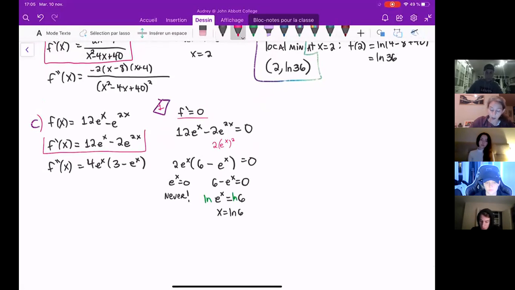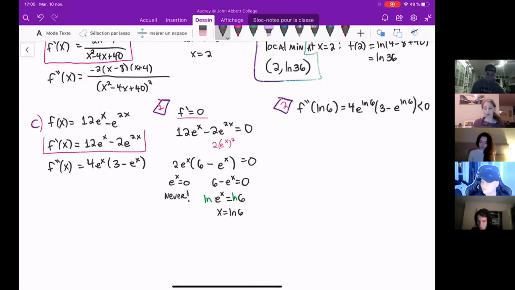So then I'm trying to figure out which one of those intervals it's on by plugging it into the second derivative. So I'm looking at f double prime of ln 6. And so I have 4e to the ln 6 times 3 minus e to the ln 6. And that is less than 0.